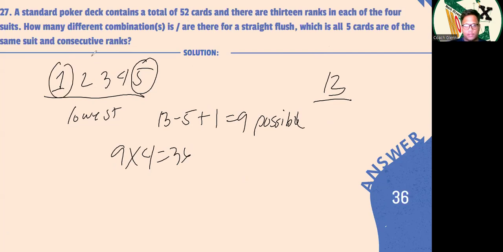But in this case, the ace is just considered as the lowest, okay? Normally in real cards, when you're playing, it could be the highest and the lowest. But here, again, it's only considered as the lowest. 13 minus 5 plus 1 is 8. Nope, it's 9. 13 minus 5 is 8, and 8 plus 1 is 9.